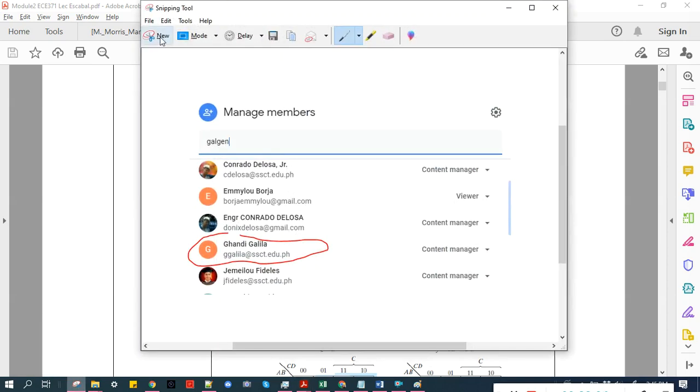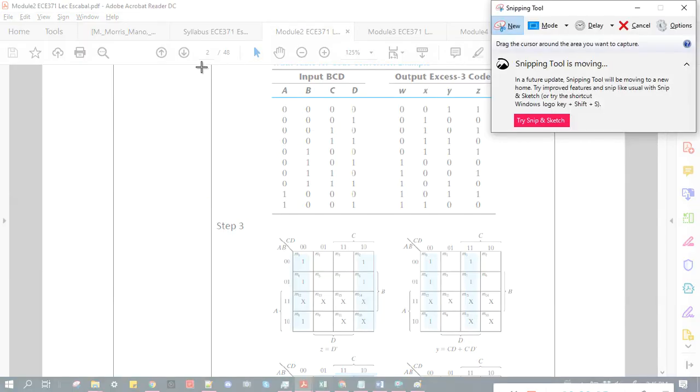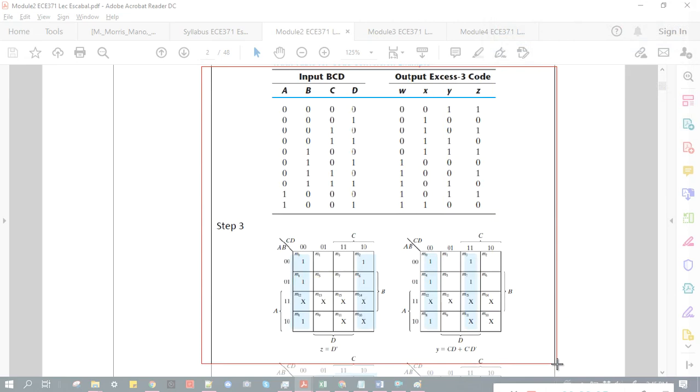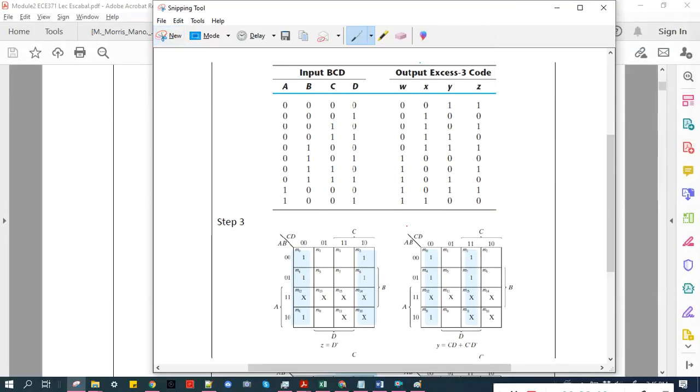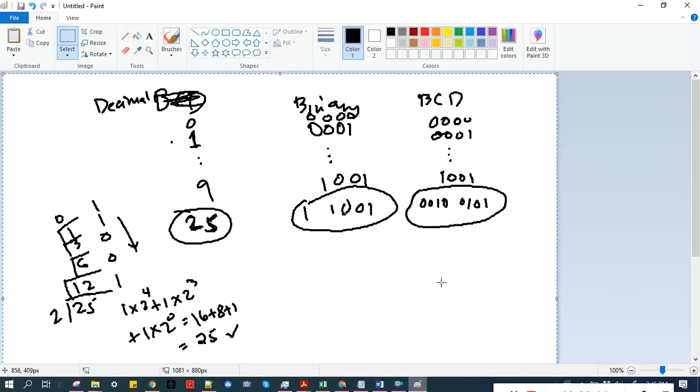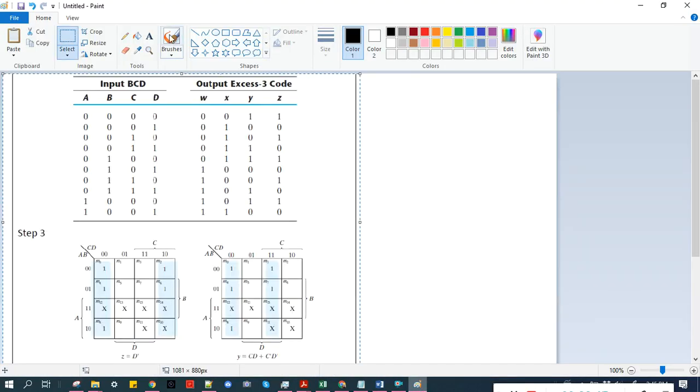Let's copy this and annotate. This corresponds to minterm 0, 1, 2, 3, 4.